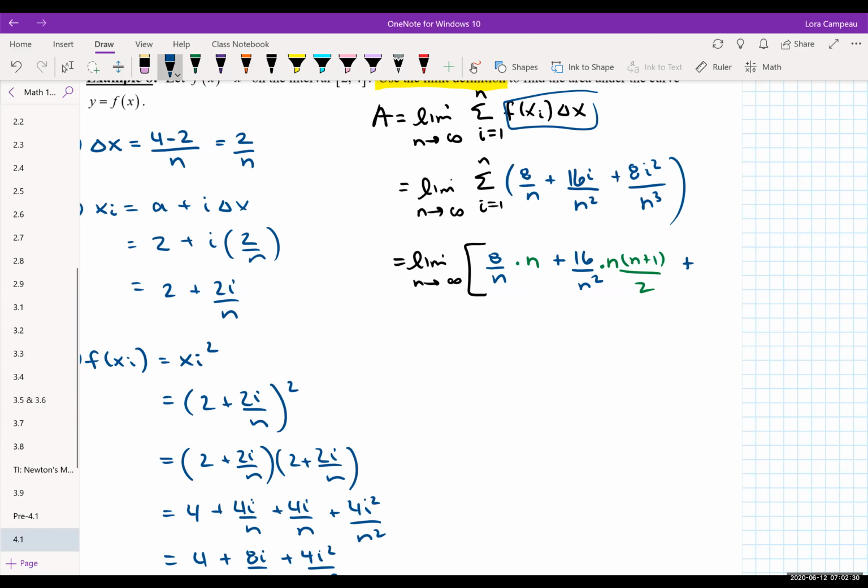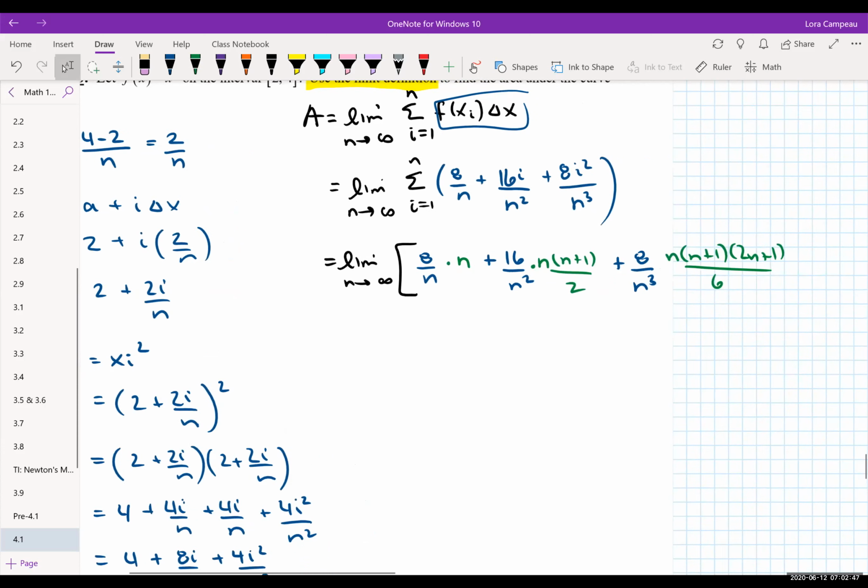Okay, I can factor out 8 over n cubed. Summation of i squared is n times n plus 1 times 2n plus 1 over 6. So it saves you a little bit of writing, if you're able to handle it. If you can't handle it without making a mistake, feel free, write it out, no harm.